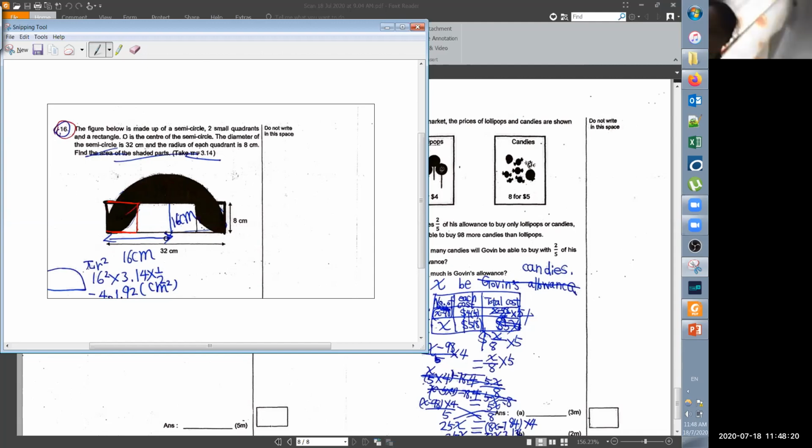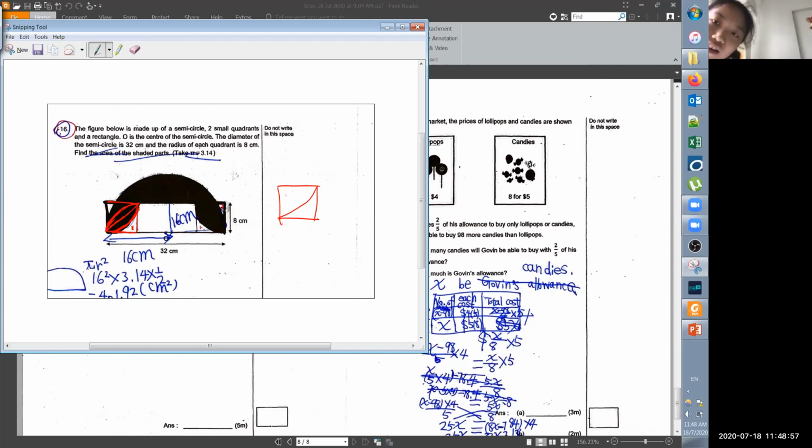So what you want is this. All you need to do is find the unshaded. How do you find the unshaded? It's the square minus the quadrant, right?